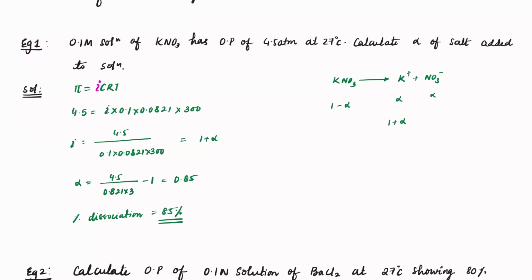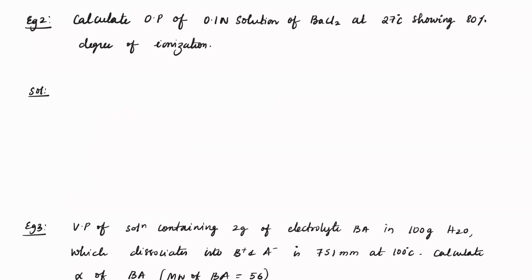Right. Now, please try this other question quickly. Very similar lines. Do that. See, we need to calculate the osmotic pressure of a 0.1 normal solution of BaCl2.